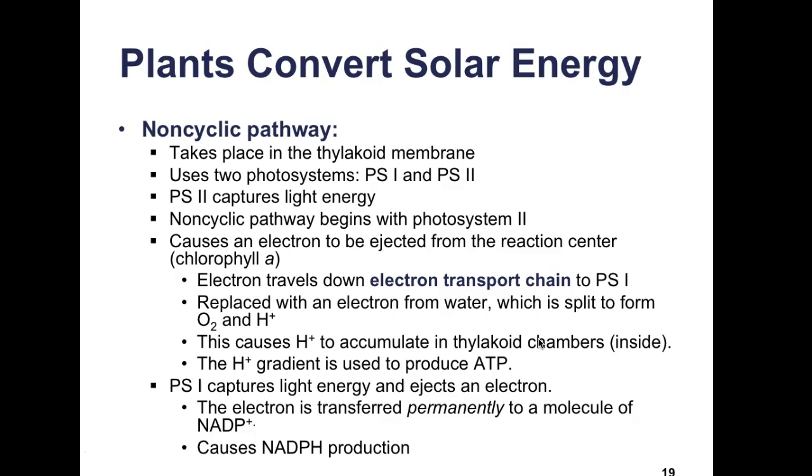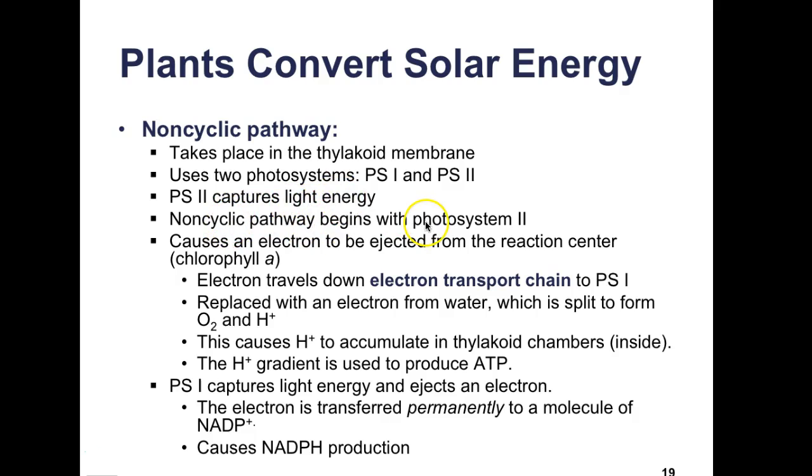So basically what happens in the non-cyclic pathway, this is the light-dependent reaction of photosynthesis. It takes place in the thylakoid membranes. It uses photosystems 1 and 2. Photosystem 2 captures light energy.